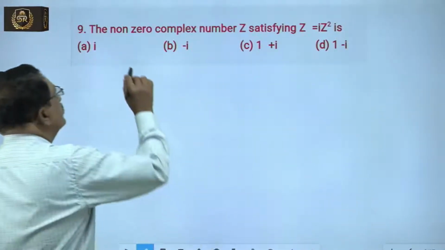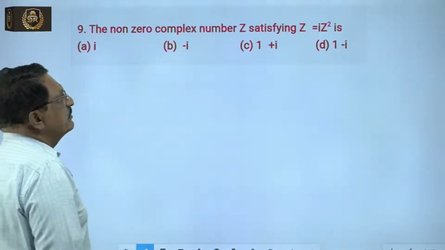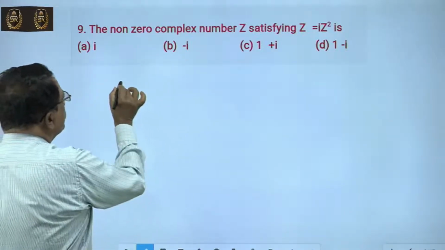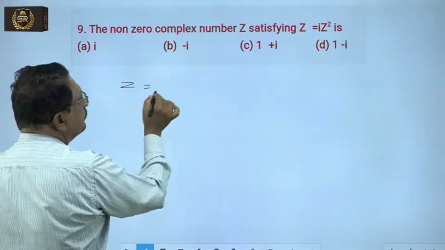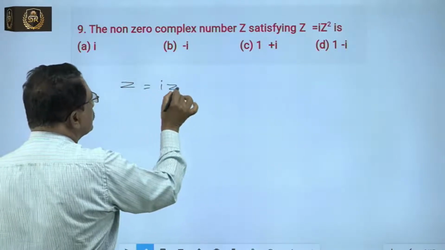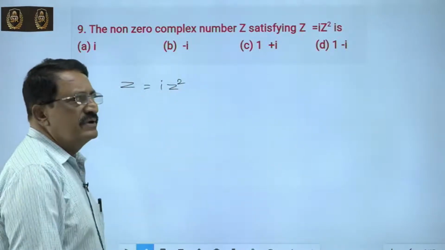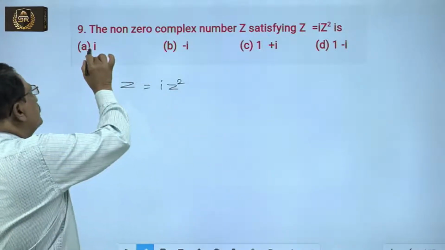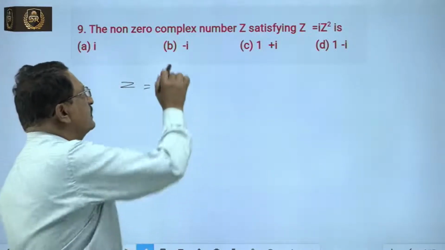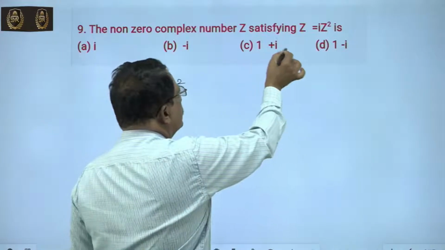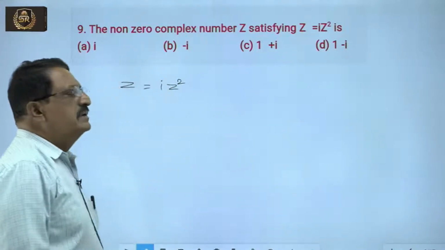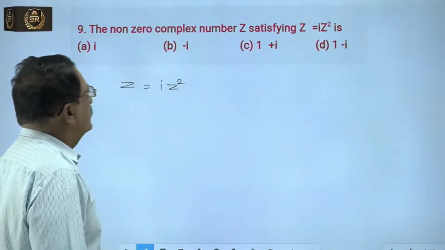Next, the non-zero complex number z satisfies z equals i into z square. The given options: first option i, second option minus i, third option 1 plus i, fourth option 1 minus i.